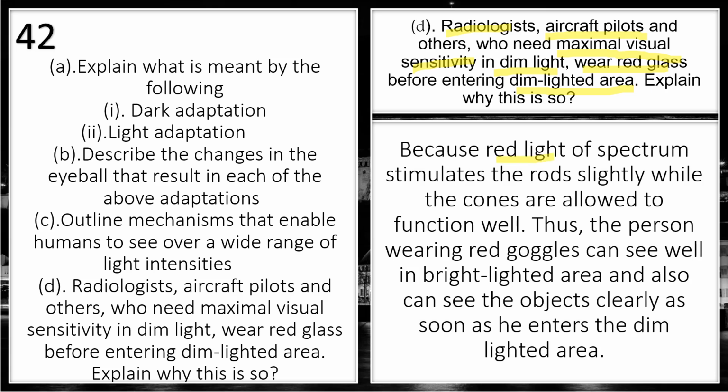Because red light of the spectrum stimulates the rods only slightly, while cones are allowed to function well. Thus, a person wearing red goggles can see well in a bright-lighted area and can also see objects clearly as soon as he enters the dim-lighted area.